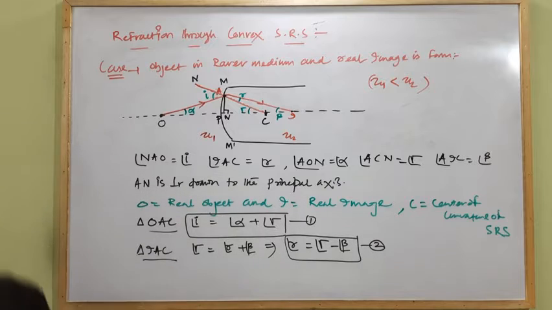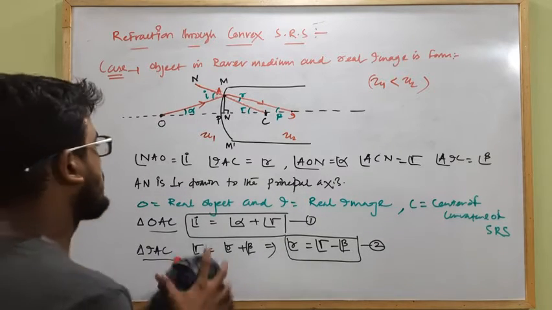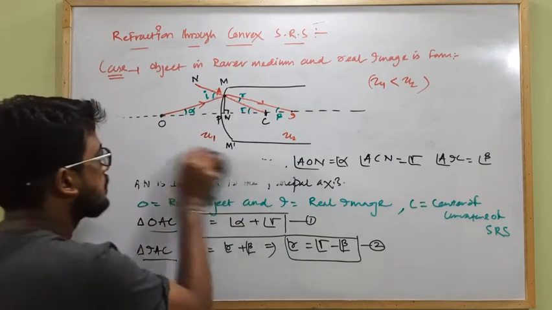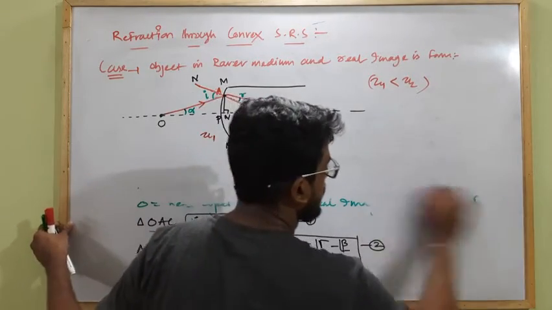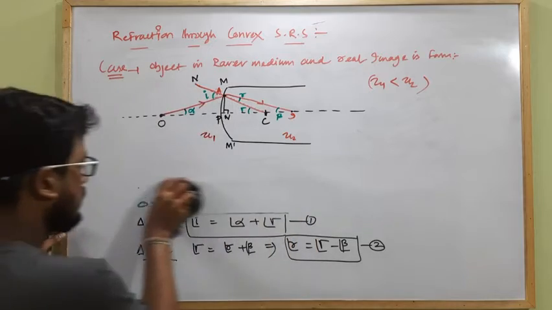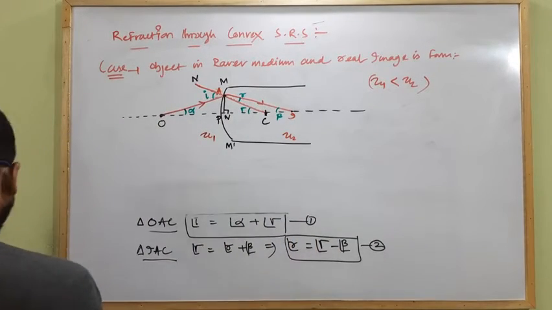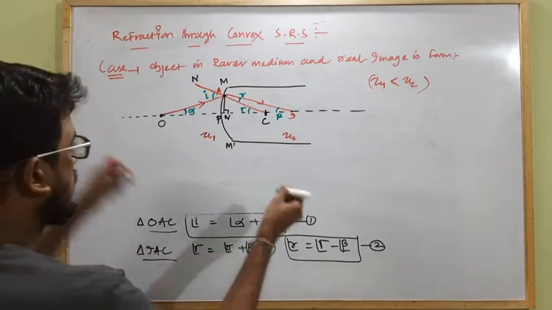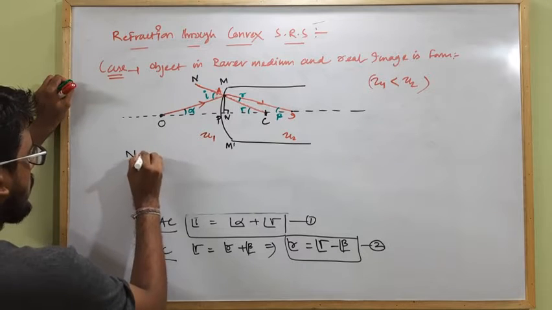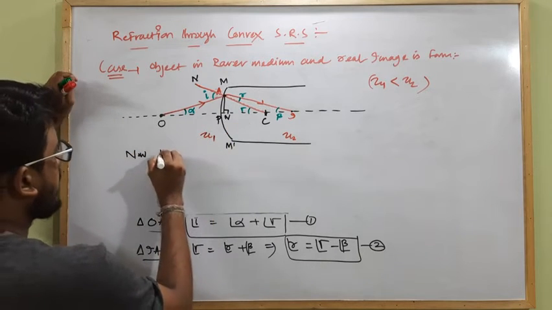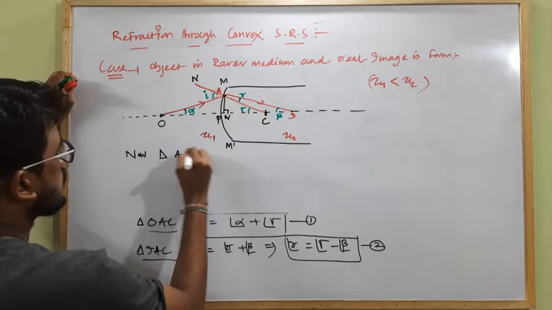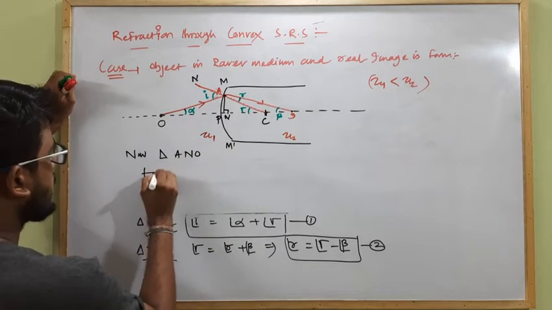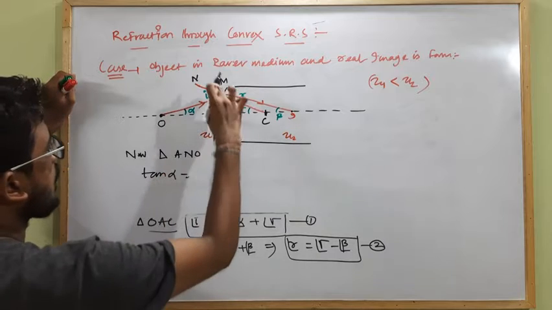Clear? So again, now in the right angle triangle ANO, I can write tan alpha equal to how much?